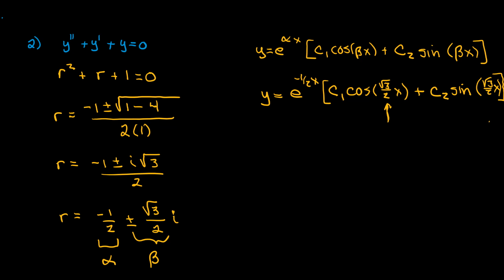For the second term, we could have plus or minus there. But remember, the sine of negative x is negative the sine of x. So that negative sign just gets absorbed into the c2. So you're good to go. I hope this makes some sense, and I wish you the best with these.